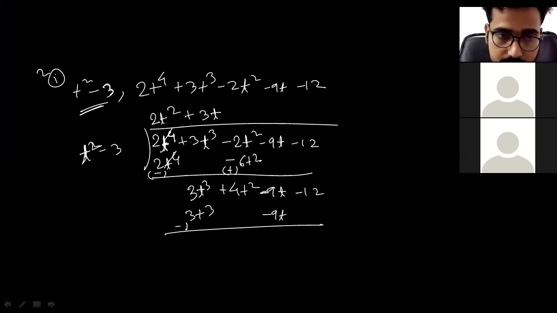So this term and this term will get cancelled. This term and this term will also get cancelled. So minus 9t and plus 9t will get cancelled.